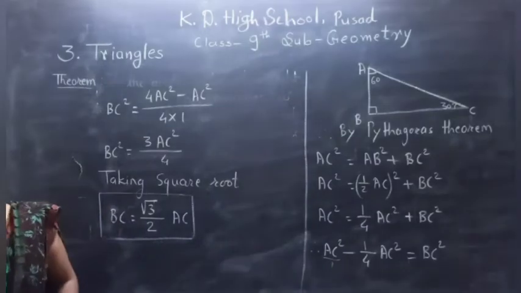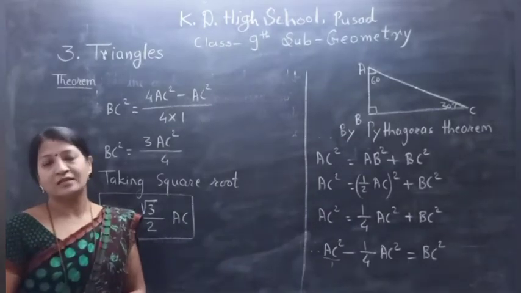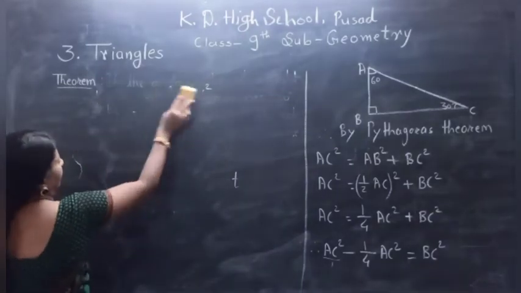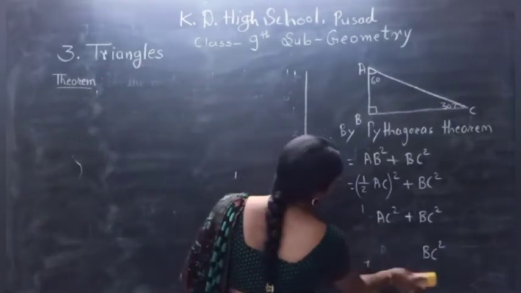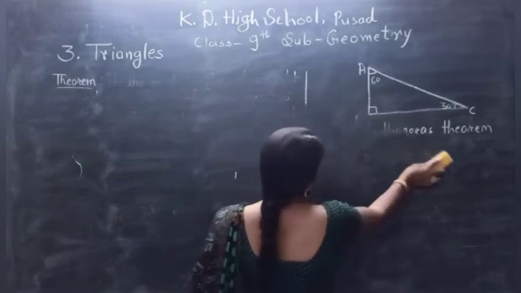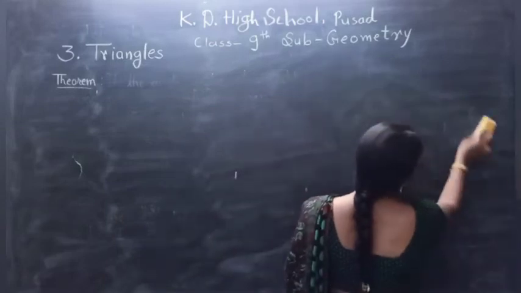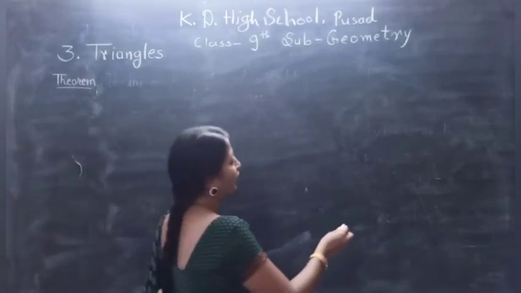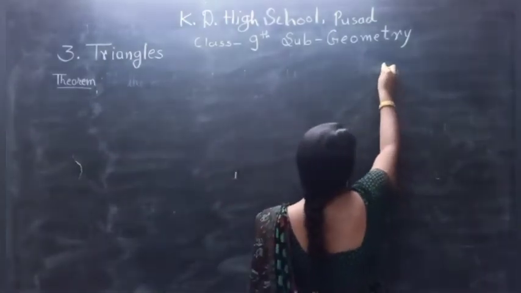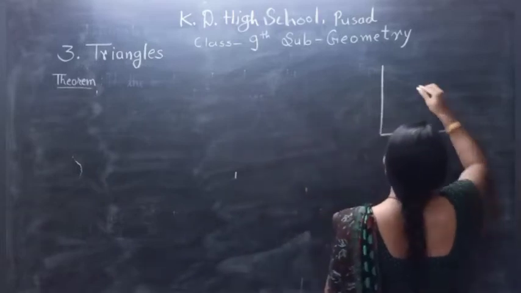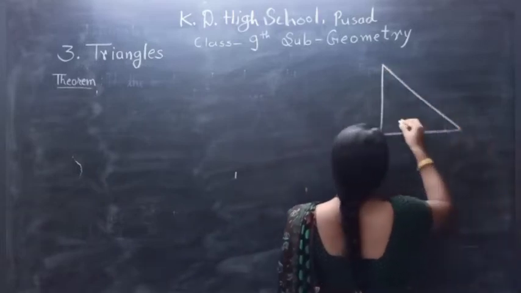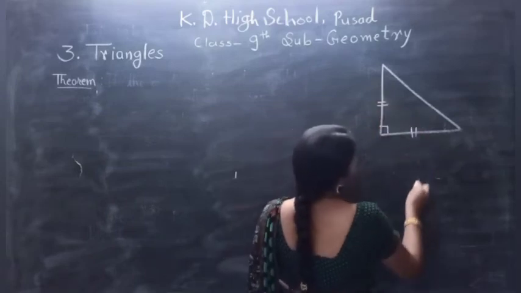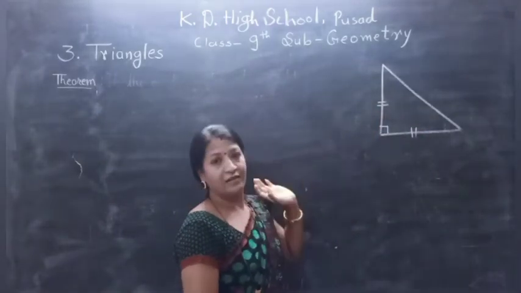Now next, in case of an isosceles right angle triangle. Isosceles right angle triangle means the sides making the right angle are congruent and one of the angles is 90 degrees.